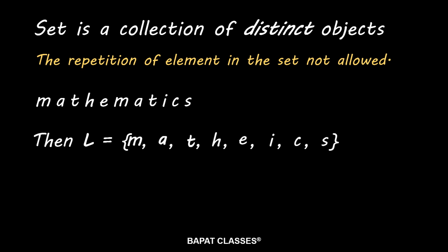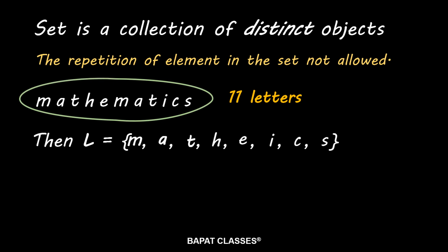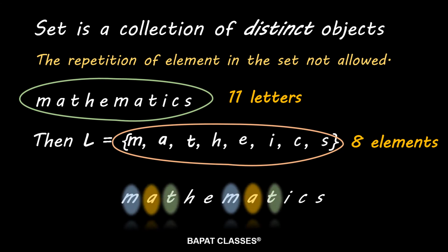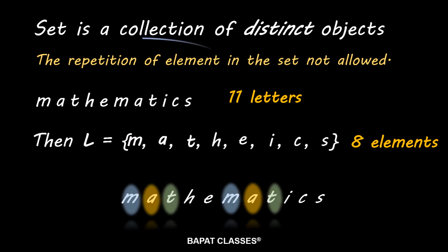Here, the word mathematics has 11 letters, but the set L has only 8 elements because 3 letters M, A and T repeat twice. Repetition of elements is not allowed in a set. Set is a collection of distinct objects.